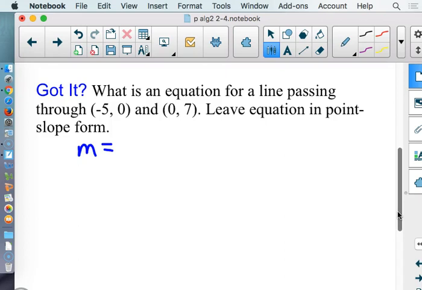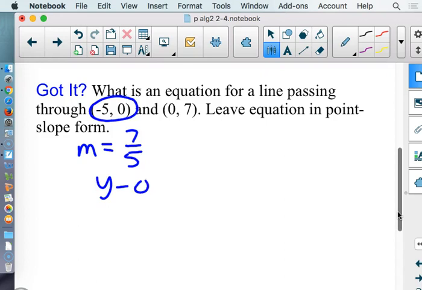Should we have any negatives in it? Okay. You got a favorite out of those points? You want to use -5, 0, or do you want to use 0, 7? Which one seems easier? Okay, choose this one.